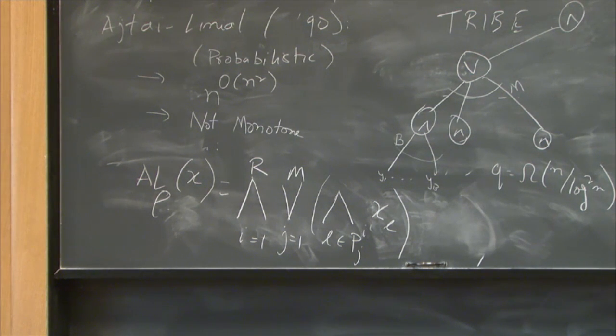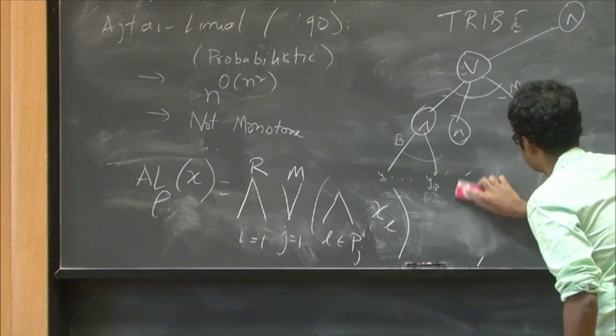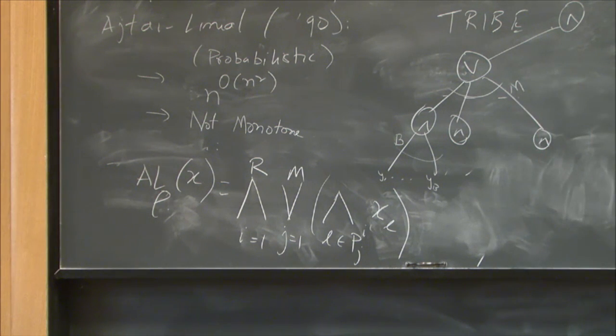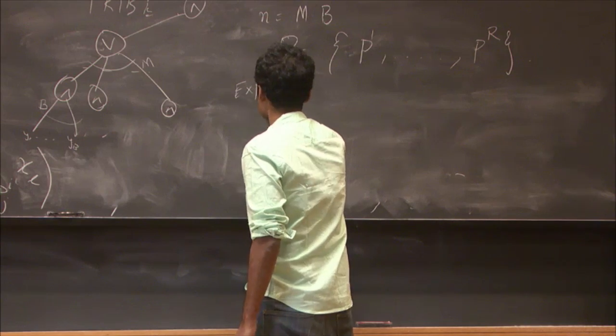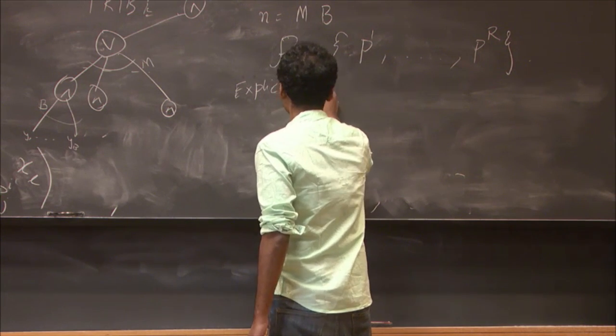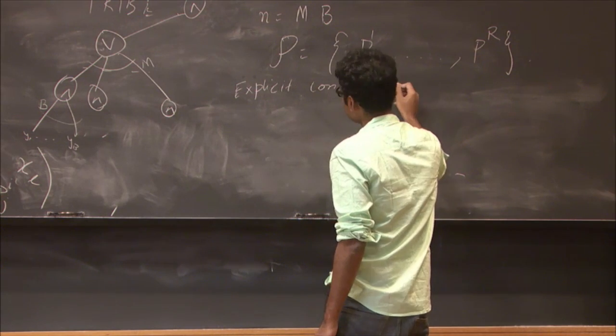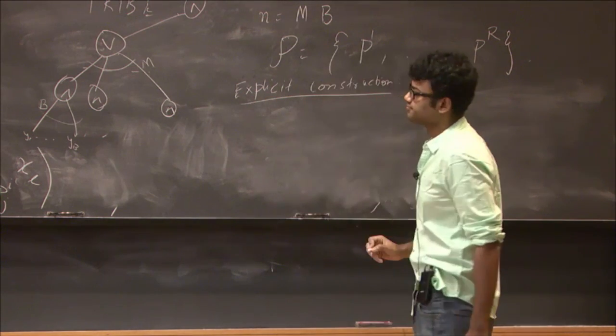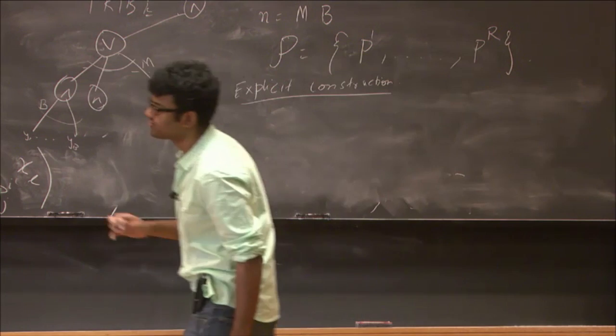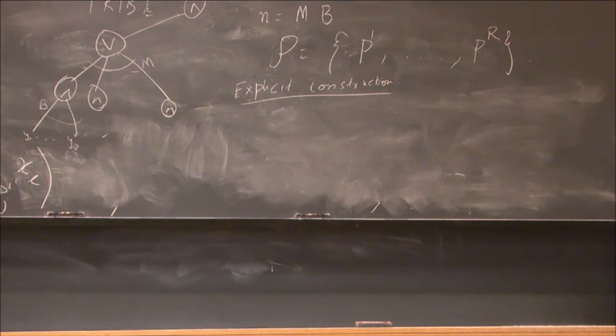So the way we construct these partitions is in the following way. Before going into this, the explicit constructions use something called seeded extractors.